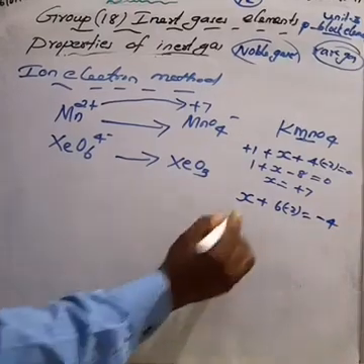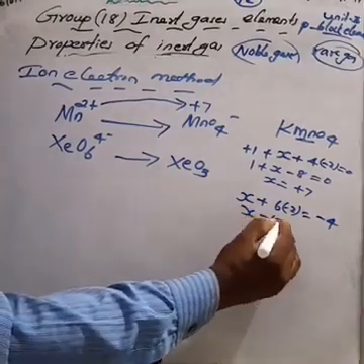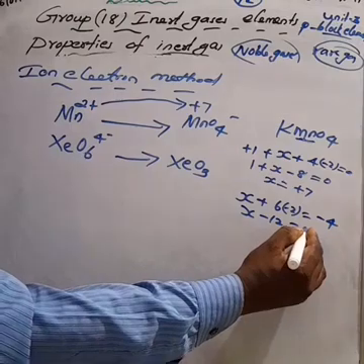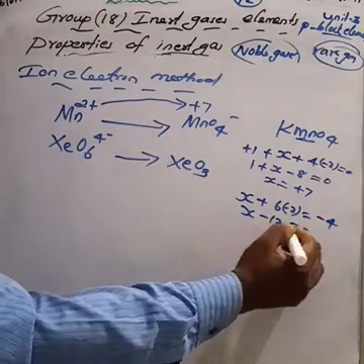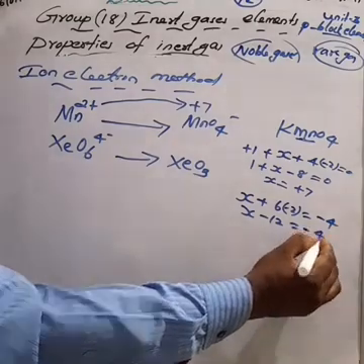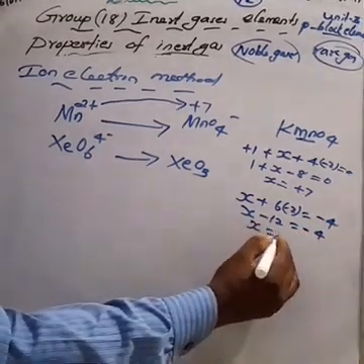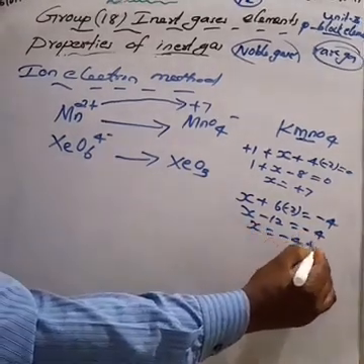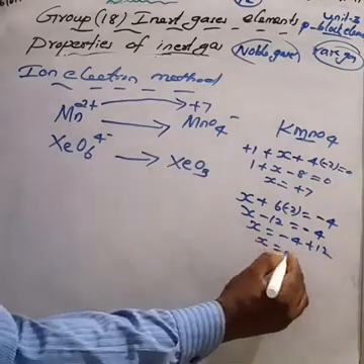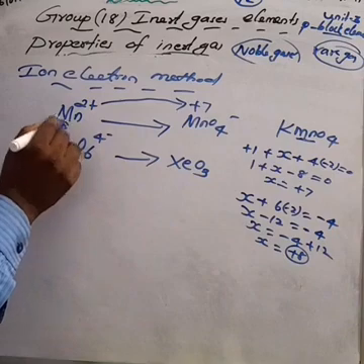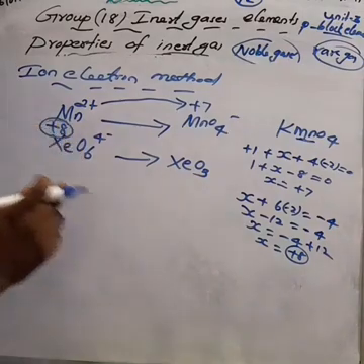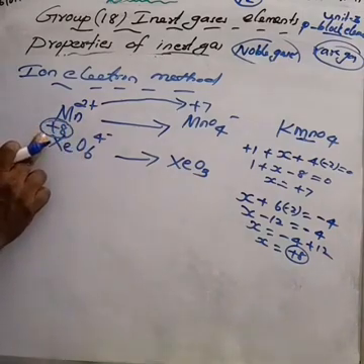So X plus 6 into minus 2, that is X minus 12, is equal to minus 4. X is equal to minus 4 plus 12, so X is equal to +8. So in XeO6 4- the oxidation state is +8.